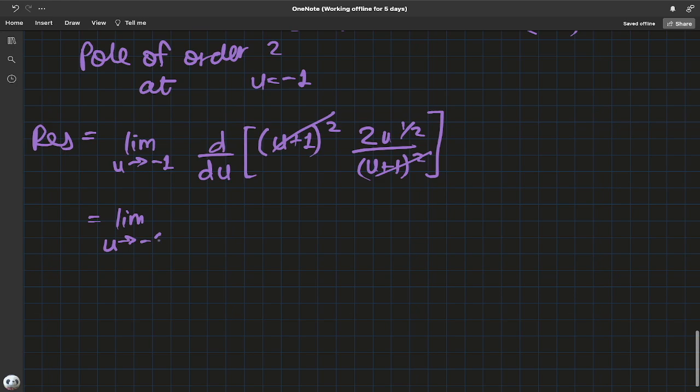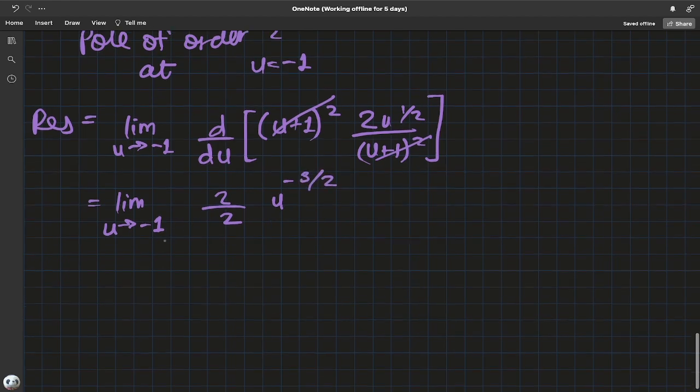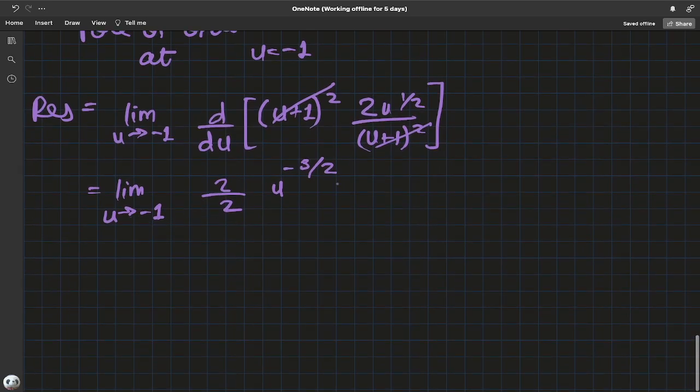Limit as u goes to negative infinity. Take the derivative of 2 times u raised to 1/2. So 2 over 2, u raised to, I believe, negative 3 over 2. You notice if we take the limit, we'll have a square root of a negative.